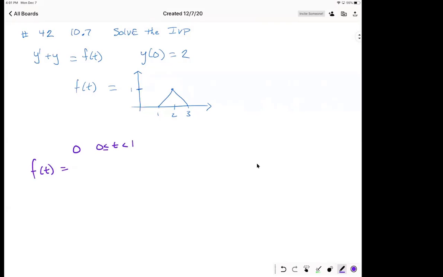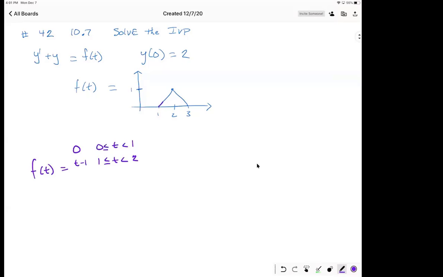And then we have the slope of the line equals 1. And the intercept would be -1, so t minus 1. And that's going on from 2 back to 1. So that's going on from 1 to 2.